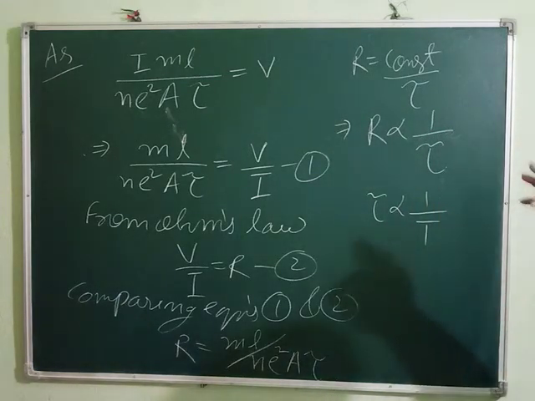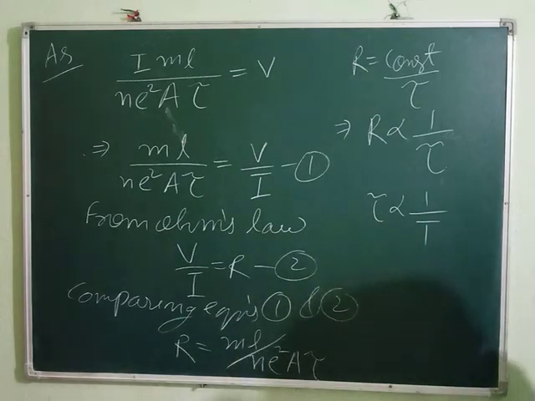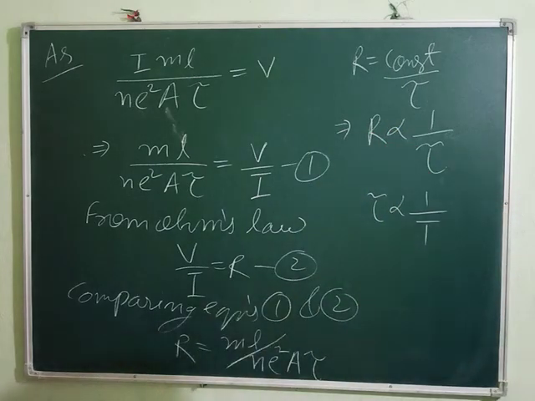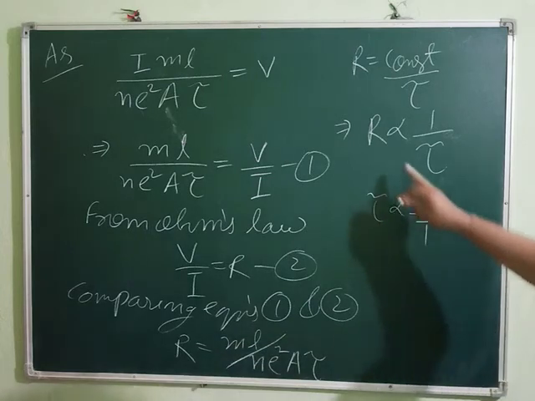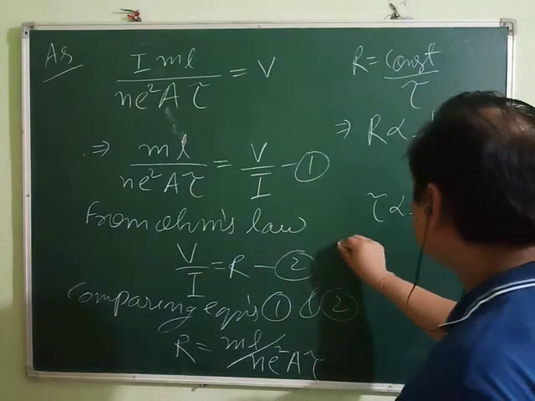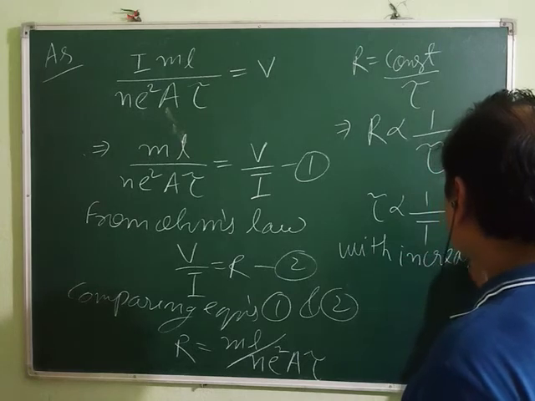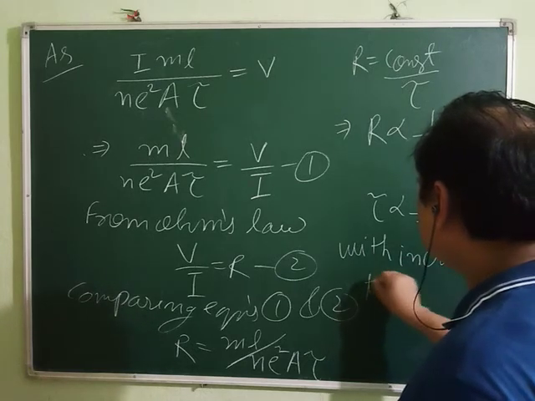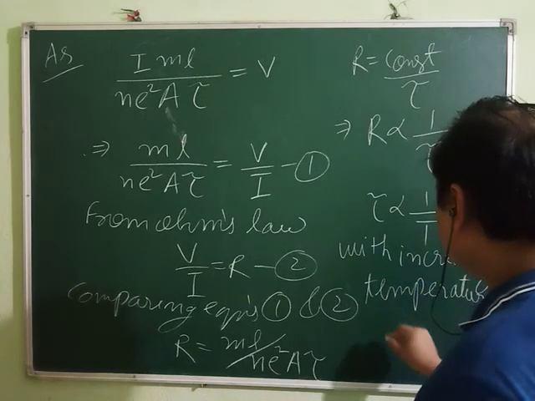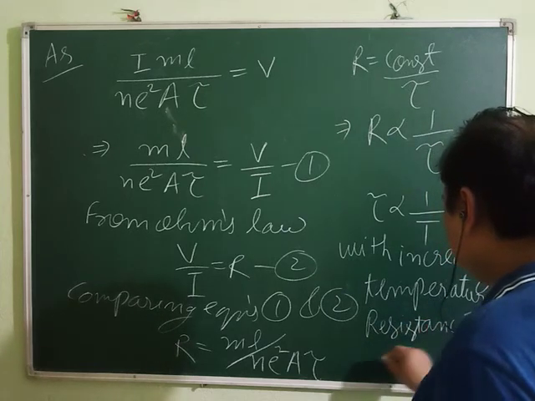That means with increasing temperature the relaxation time will decrease, and as the relaxation time decreases, the resistance will increase. So with increasing temperature, resistance also increases. Why? Because the number of collisions increases.